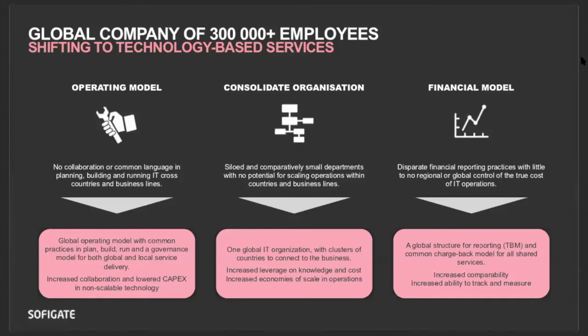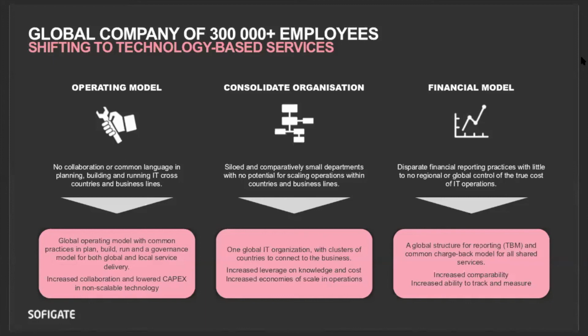And finally, we also tackled the problem of not being able to fully follow up or track the financial performance, or the performance of our activities, in a transparent way. So we also introduced a financial model, a common financial reporting structure that allowed us to measure and track activities all over the globe in the same way.